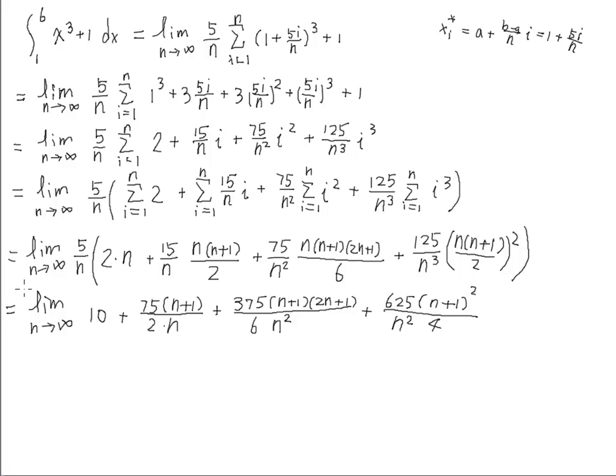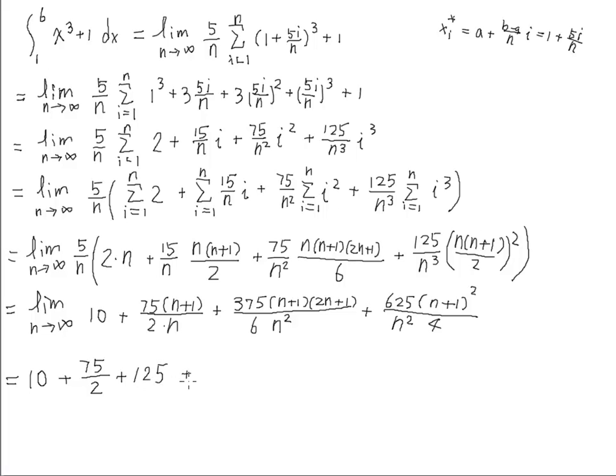Now let's take the limit. The first one is simply going to be 10. Second one over here, we have 75 over 2. Okay. And look at this one over here. This is 125 over 3, because over here is 3 over here. So what we have, this one, the limit, if we do it carefully, is 125.